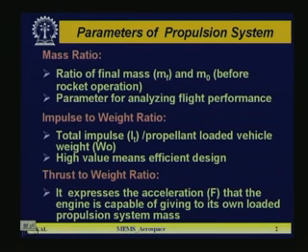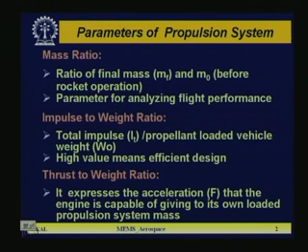Okay? Mass ratio is one of the parameters used to analyze flight performance. Impulse to weight ratio is the total impulse IT divided by the propellant loaded vehicle weight W naught. IT by W naught is the impulse to weight ratio.